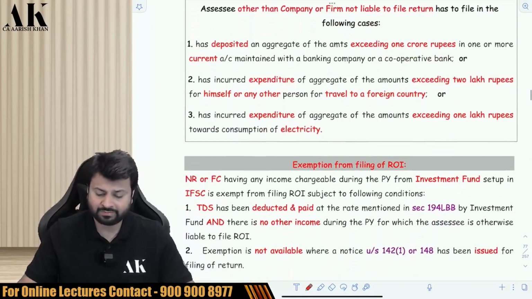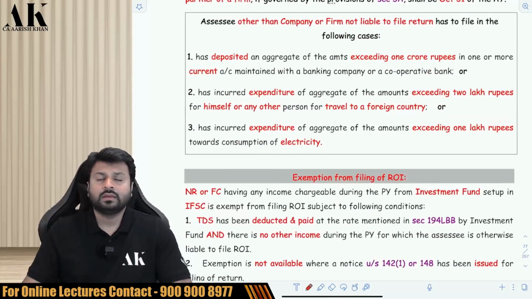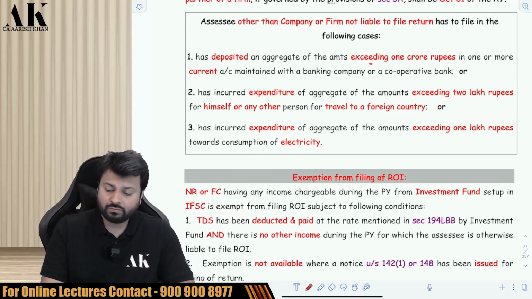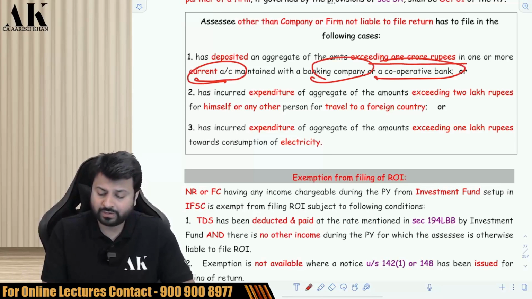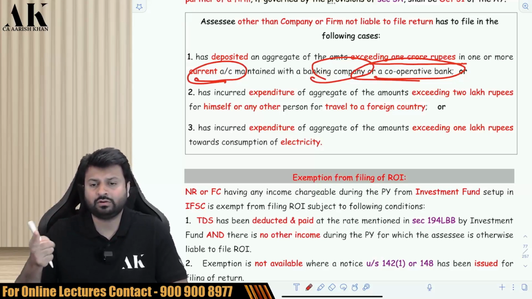The third category, let me talk about all the categories first. The third category is if you deposit more than 1 crore rupees in a financial year in one or more current accounts in a bank or cooperative bank, you are liable to file the return.